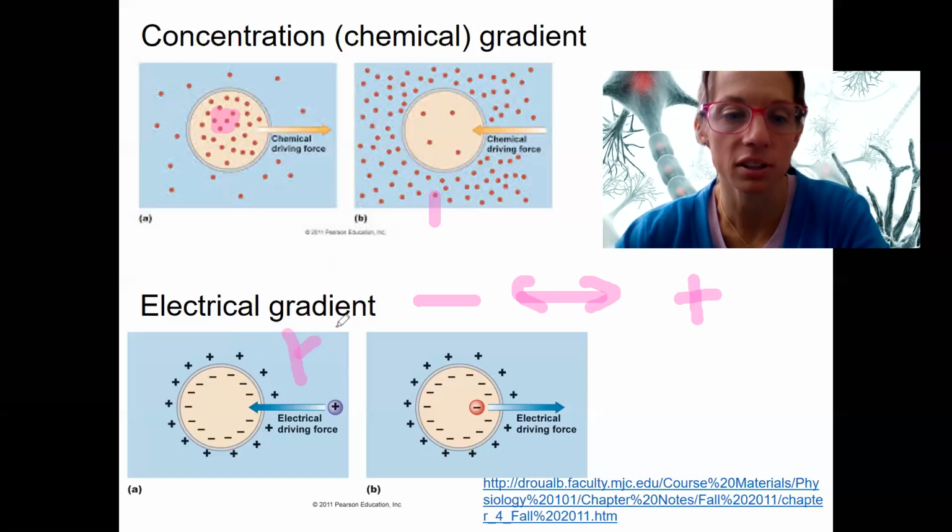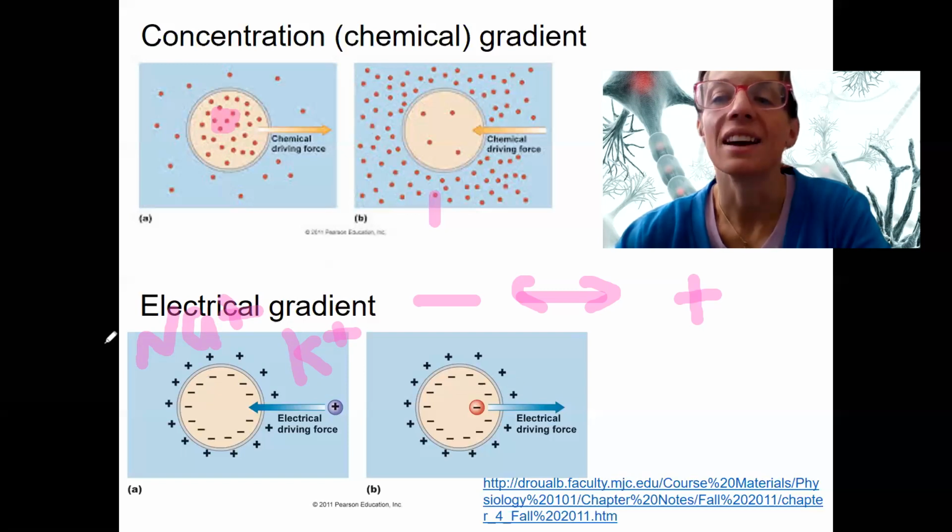This could be K+ and some Na+, both of them mixed together, because we're just talking about electrical gradients here. And out would be negative to positive. So the idea is that these both need to be considered.